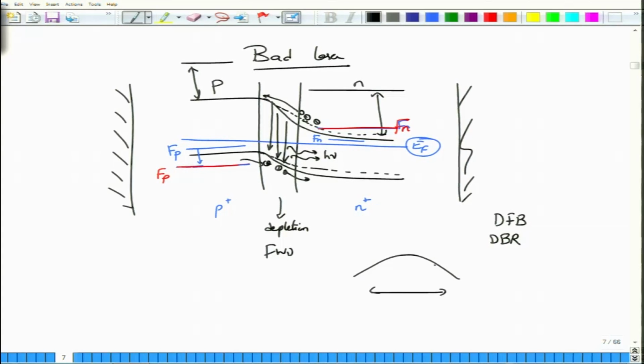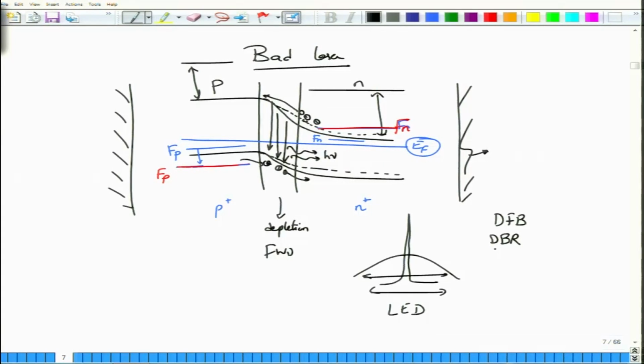In fact, if you do not put in these mirrors, then you essentially operate in just the LED mode of operation, where the line width is quite wide. But when you put in a feedback structure, it is possible to obtain high gain over a narrow spectral range, and that is what the DFB laser would do.